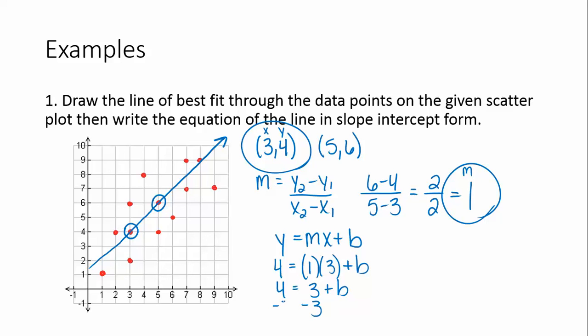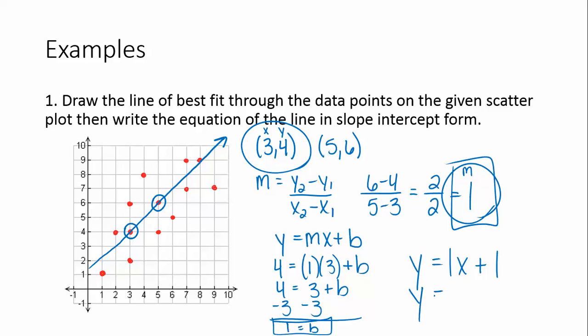Subtract 3 from both sides, and we get that b equals 1. So now when we write our equation, we're using the b and the slope, and we get y equals 1x plus 1. Or you could write y equals x plus 1.